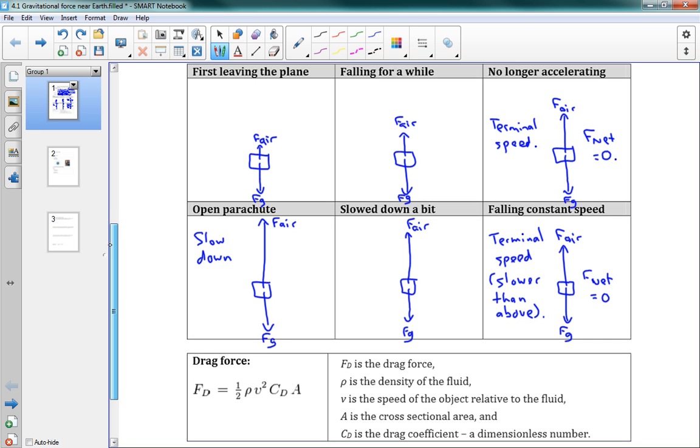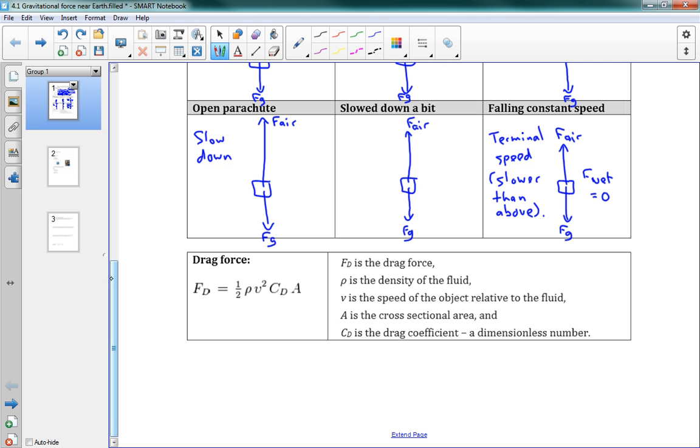Now, we can see this also in the equation for drag force. Air resistance is a type of drag force. There are other drag forces, and we have a general equation down here for all drag forces. You do not need to know this equation, okay? I'm just showing it so that you can see where this speed and cross-sectional area comes in.